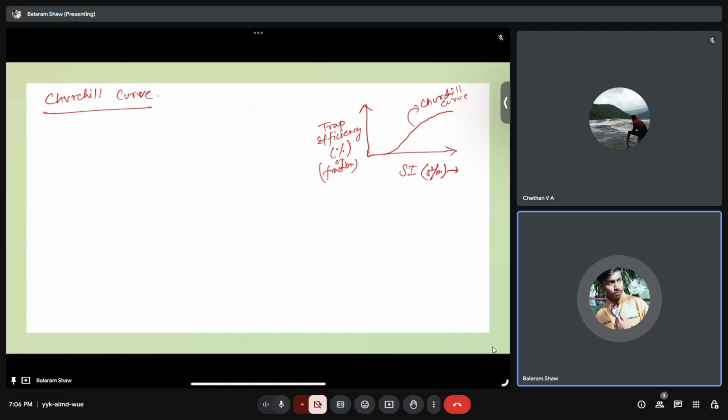Okay, so based on this, how do you define the sedimentation index? SI will be equal to (C/I) whole squared, divided by L. Here C is the capacity of the reservoir at mean operating level.